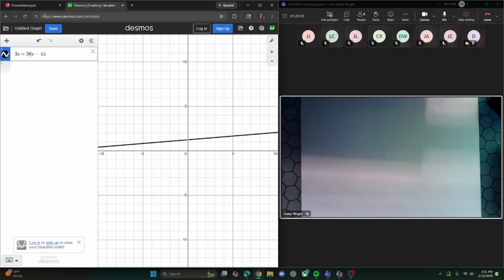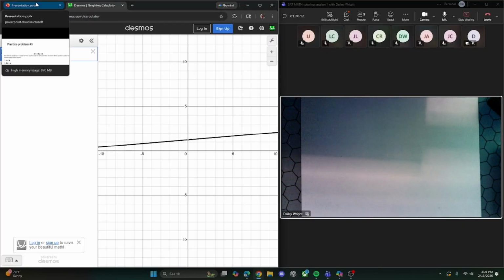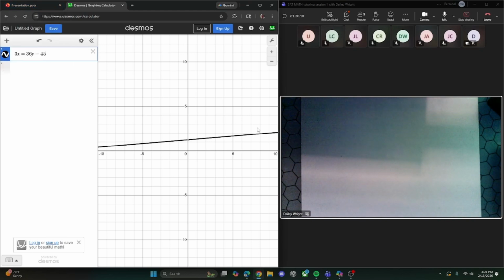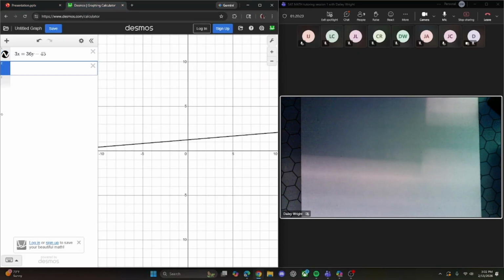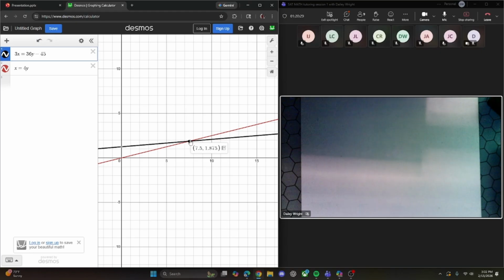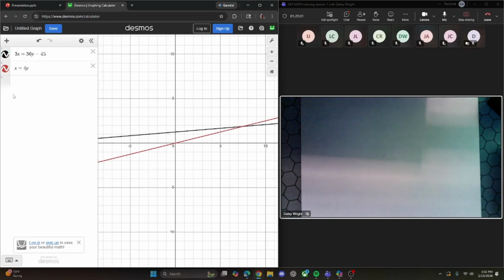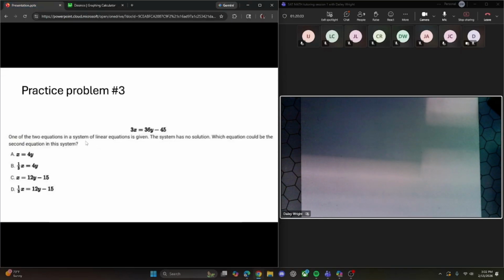So we want to find the second equation that makes this system have no solutions. So we want to find an equation that will never cross this equation. So let's plug in x equals 4y. These obviously collide right here, so this equation has a solution. So x equals 4y is not your answer.